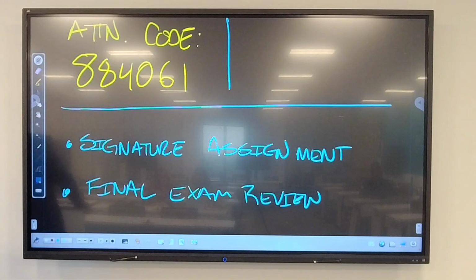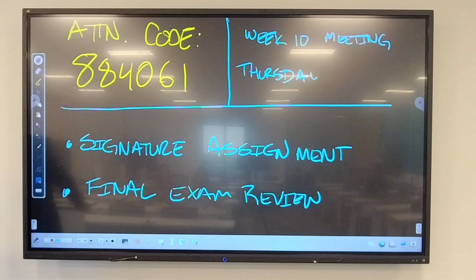But I guess before we get started, let me remind you that we have a week 10 meeting that we have to do. It's online. It's on Thursday of week 10. I don't remember what time, but it's scheduled for 2 hours.